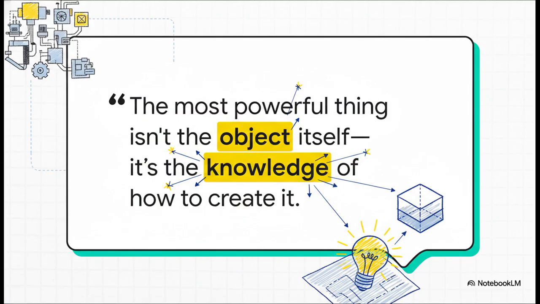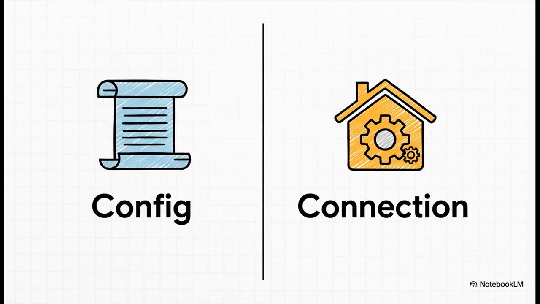The real power, the thing that lets you scale, is holding on to the knowledge of how to create them whenever you need them. So if you remember one thing, let it be this. By using the builder pattern, you create this beautiful, clean separation between the config, which is your intent, and the connection, which is the final action. That separation is the secret sauce for writing flexible and powerful code.